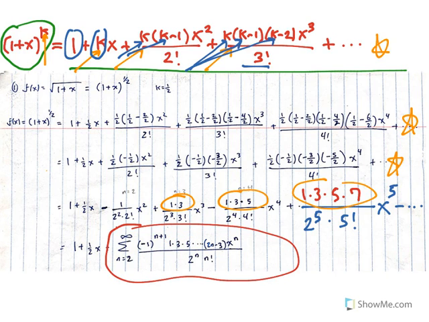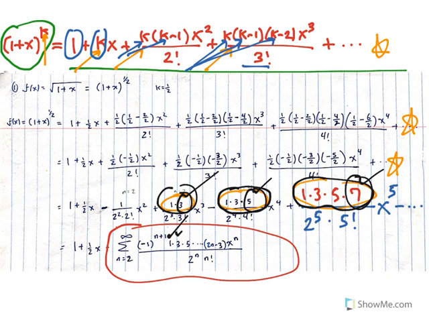It's not just enough to write something for the last factor that you have in the numerator, because it's not just 7, it's not just 5, it's not just 3. Here it's 1 times 3, here it's 1 times 3 times 5, here it's 1 times 3 times 5 times 7. So you need to describe that pattern. So you write 1 times 3 times 5, and so on, and you need to say when you should stop.